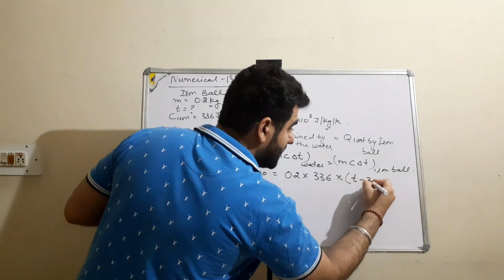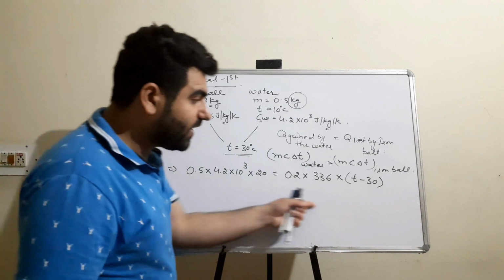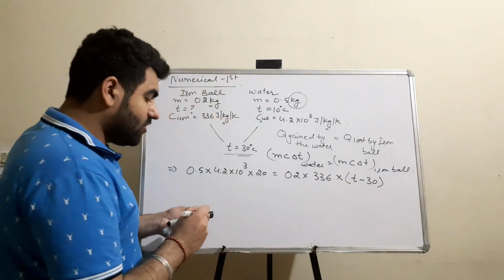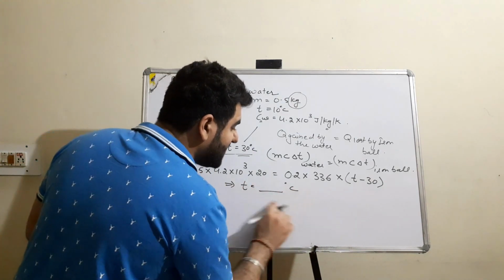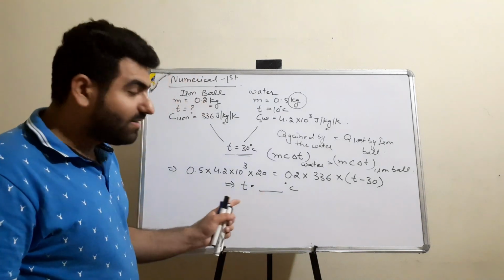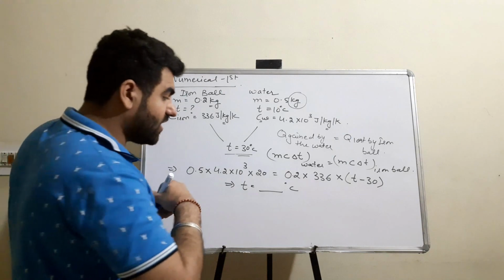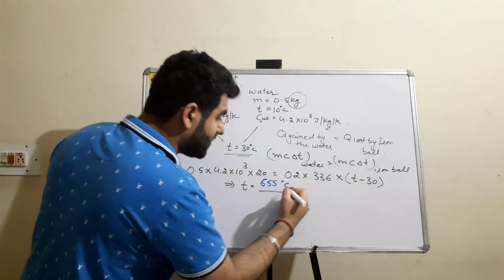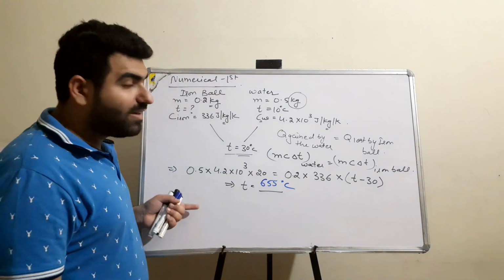So all of the things we have, we need to find the value of T. We'll solve this and the value of T after the calculation comes out to be 655 degrees Celsius.